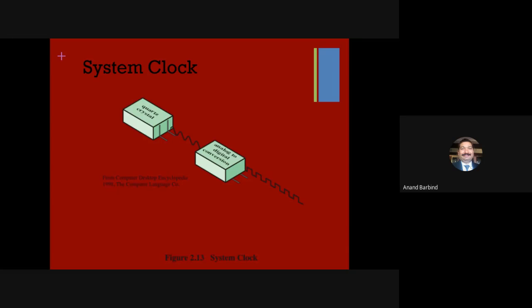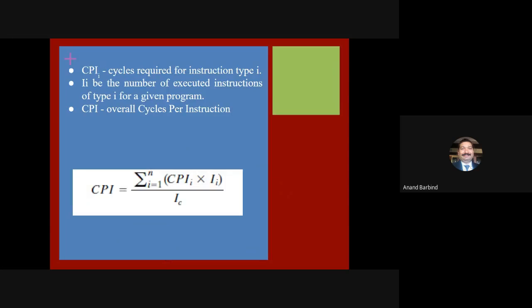In that, the speed of the computer is one of the major performance measures. One important parameter is how many instructions the computer processes in 1 second, that is, how many instructions are executed.